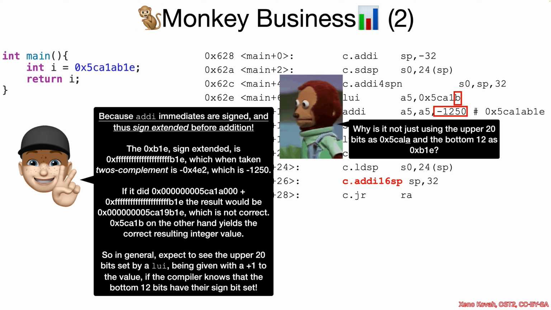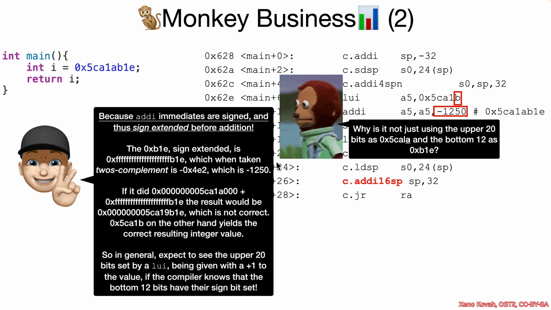The math is the reason, because add-i is using a signed immediate, as is obvious here by the fact that the disassembler is showing it in decimal and putting a negative there. So the B1E is sign extended. It's 12 bits, and that would be extended to be all Fs and then B1E. And if we take the 2's complement of that, we could see that that is 4E2, which is negative 1250, which is exactly what they're showing here.